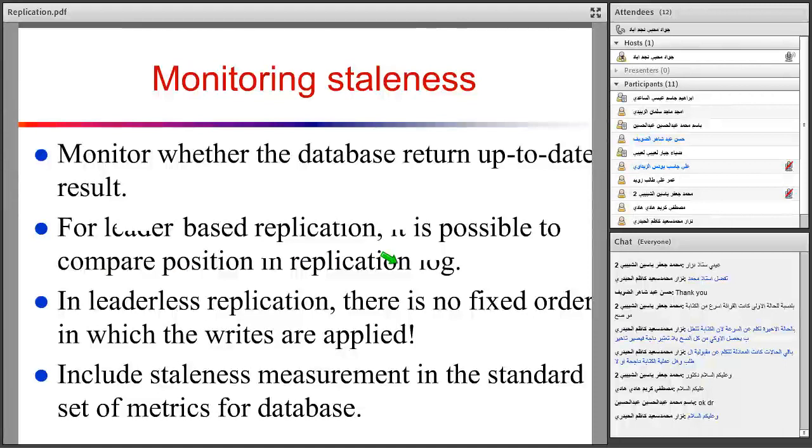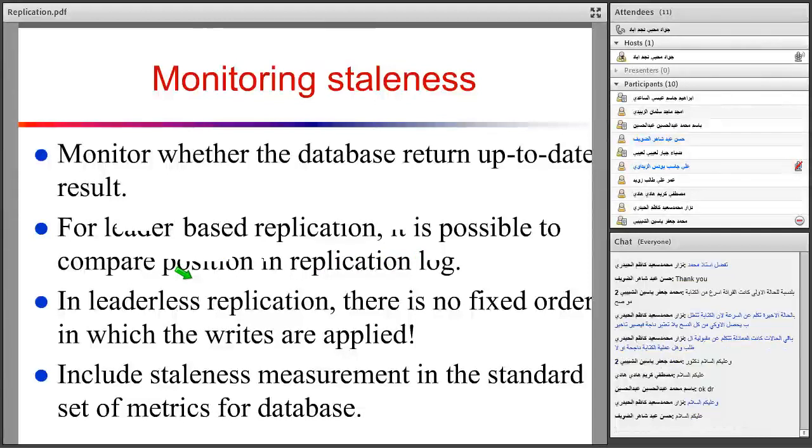But in leaderless replication, there is no fixed order in which the writes are applied. Because in the replication log, for each request, you can see the position of the request, and so there is an order. There is a fixed order between the requests which are sent to the leader, and the leader confirms them.